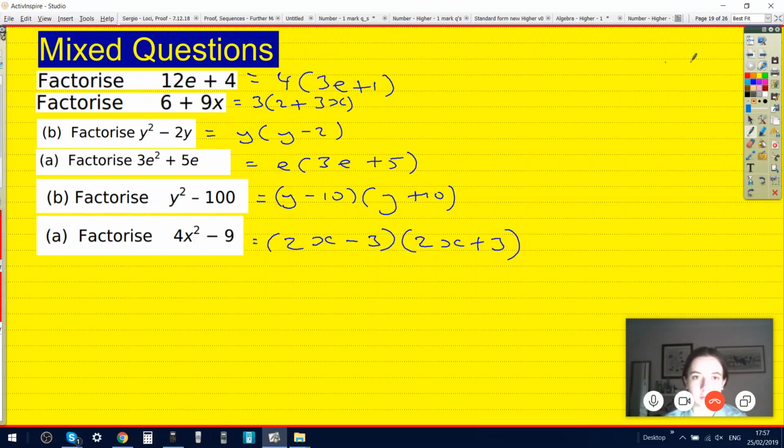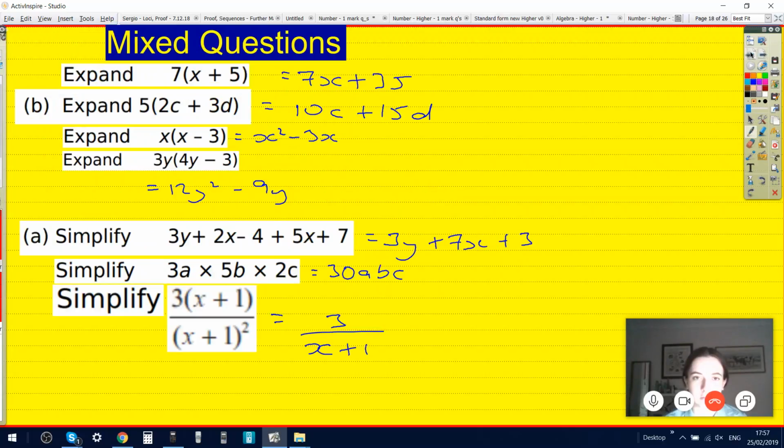Let's pick a simpler example: 7 times x plus 5 is identical to 7x plus 35. You're not trying to solve it like x equals 2, it's just the same thing written a different way.